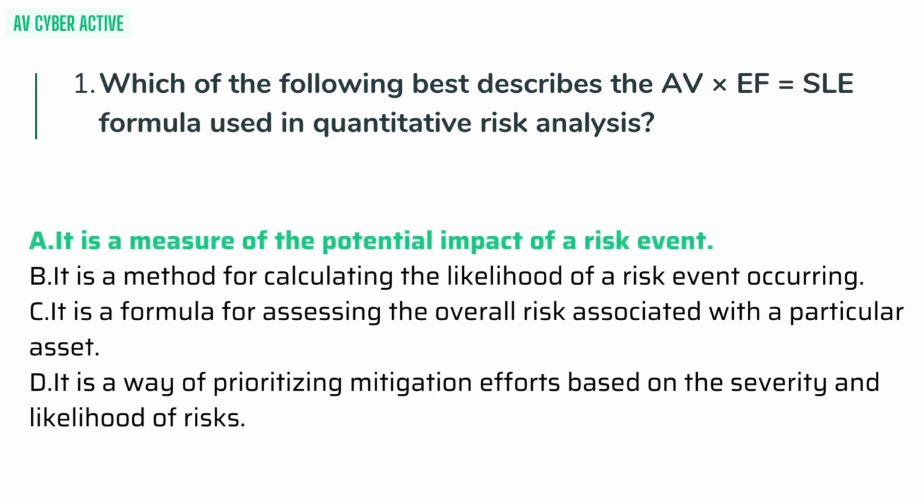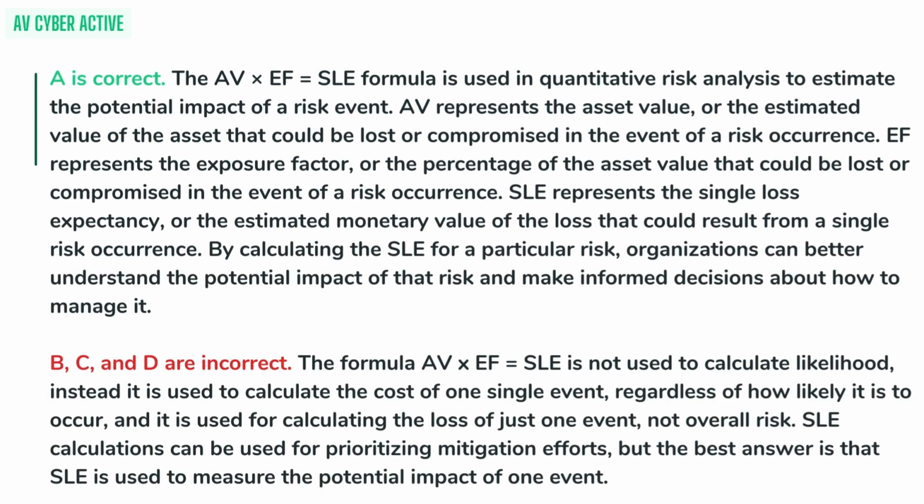A is correct. The AV times EF equals SLE formula is used in quantitative risk analysis to estimate the potential impact of a risk event. AV represents the asset value, or the estimated value of the asset that could be lost or compromised in the event of a risk occurrence.